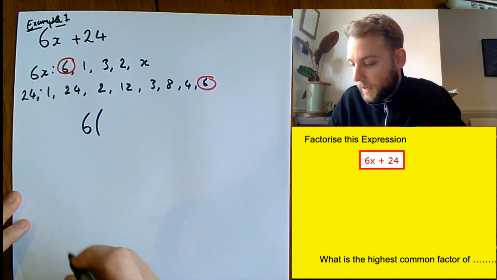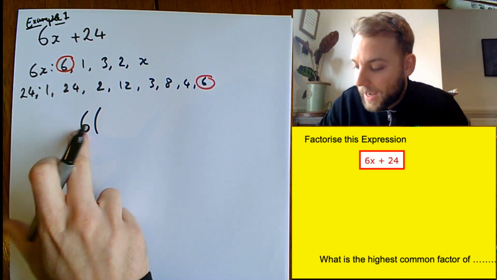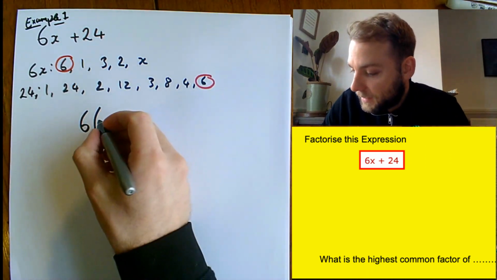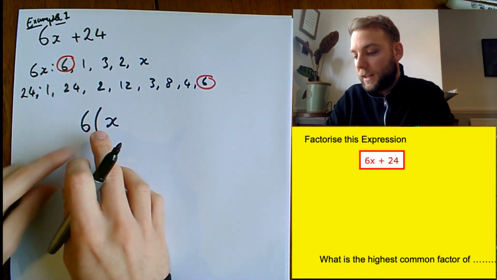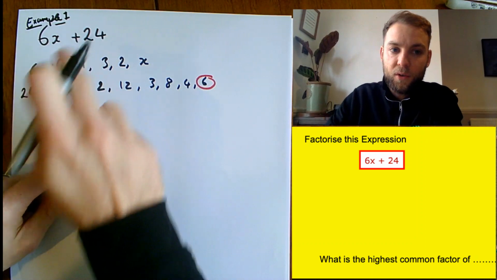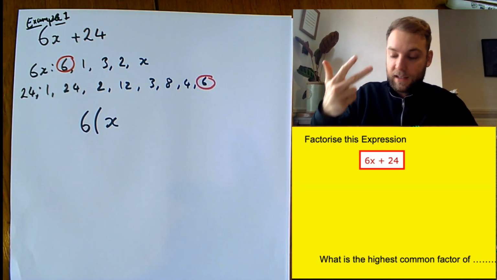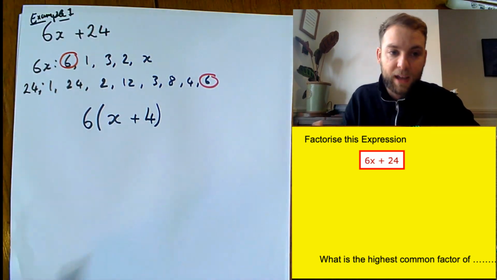What do I need to times by 6 to get 6x? It's just going to be x. And what do I need to times by 6 to get to 24? Well, that's going to be 6, 12, 18, 24. So plus 4. So we've put those brackets back in.